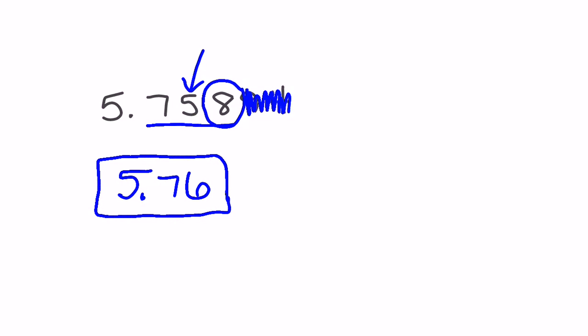Why did the 5 change to a 6? The reason the 5 changed to a 6 is because the 8 is 5 or bigger. So since the 8 is so big, it caused the 5 to jump to a 6.